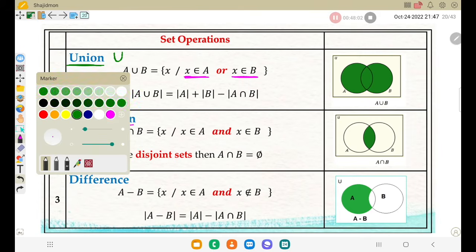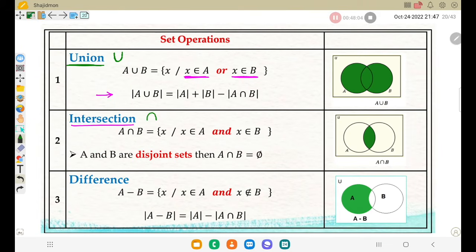Intersection means, what is the meaning? Common elements. Using this symbol, the down symbol like this, intersection means x belongs to A and x belongs to B. That means x should be a member of A and should be a member of B. You can see the shaded area. See, this is the A set, this is the B set. What is the common area? This green color area, correct.